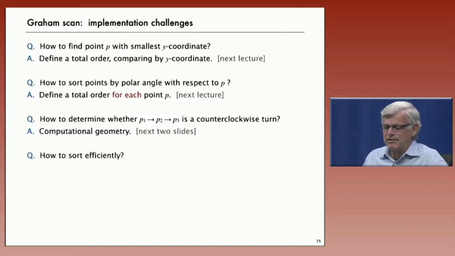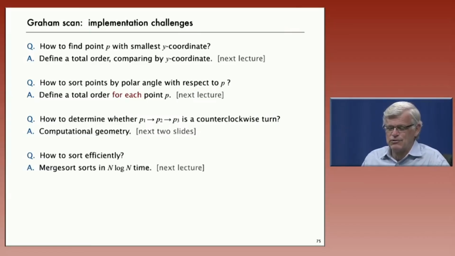And then, what about getting the sort done efficiently? Well, we could use shell sort, but actually in the next couple of lectures, we'll look at classical sorts, merge sort and quick sort, that we could use. The idea, though, is that this example illustrates that a good sorting algorithm gives us a good convex hull algorithm.